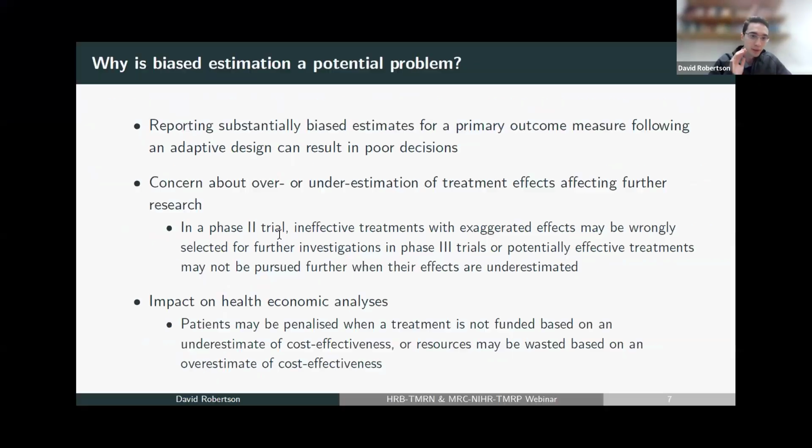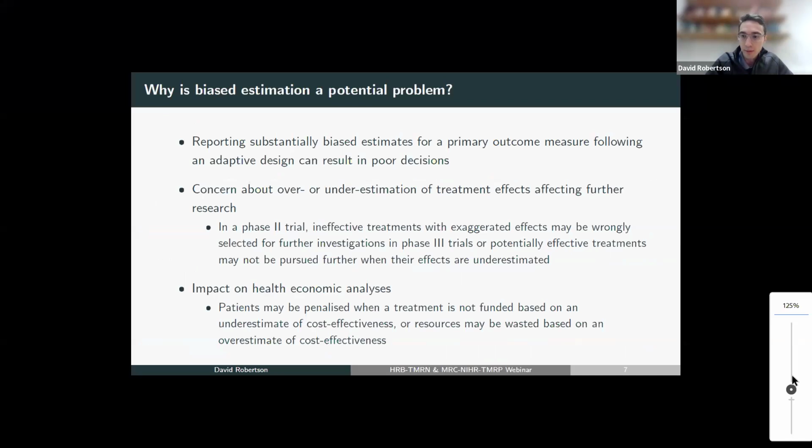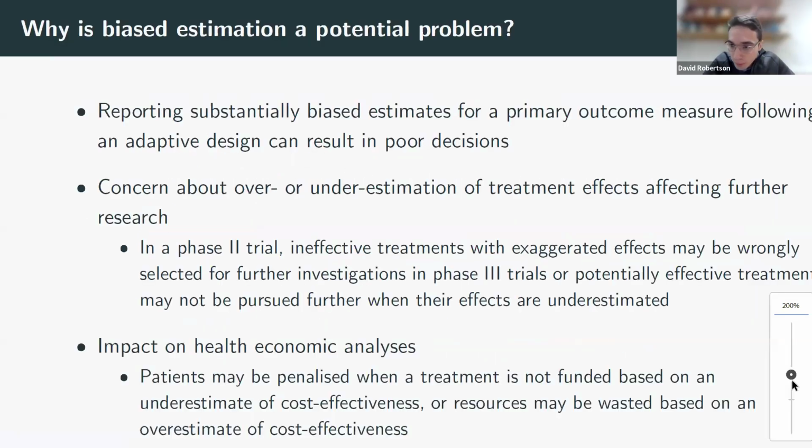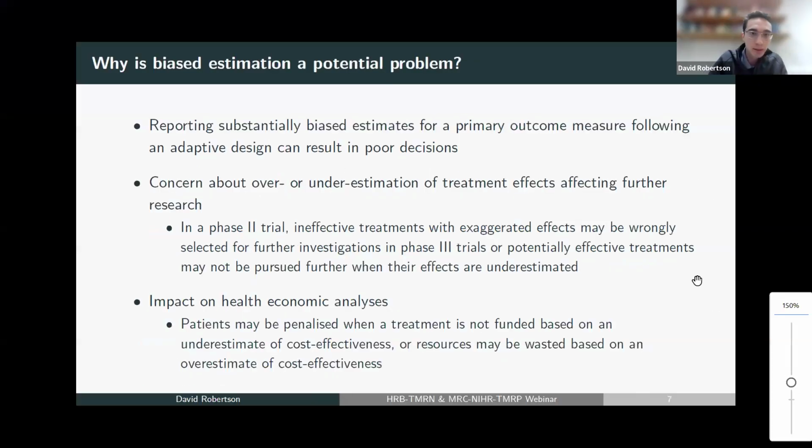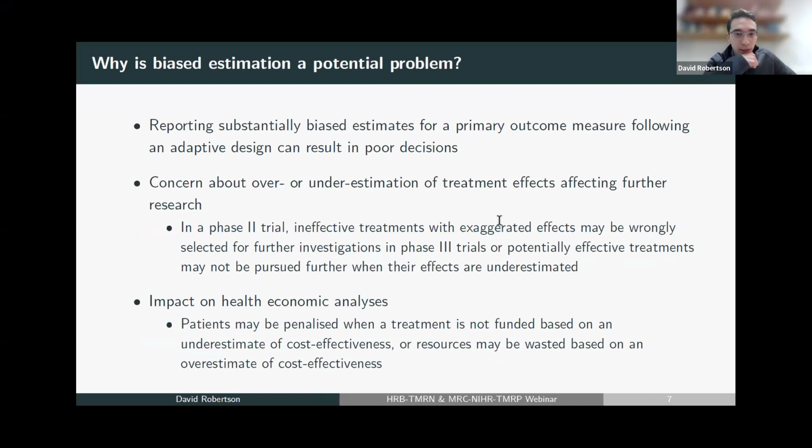So for example, if we have a phase 2 trial where we're choosing treatments to investigate further in phase 3, then we want to make sure that our treatment effect estimates aren't substantially exaggerated.